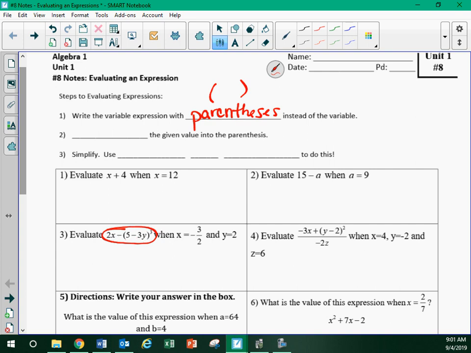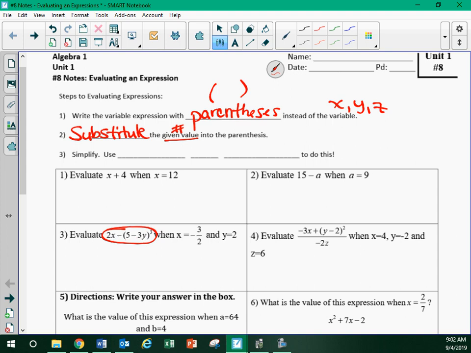So wherever there's the letter, our variable, that's like our X, Y, or Z. Sometimes they go crazy and put in a W, or P or Q. Wherever you see the letter, you want to put the parentheses instead. Then we're going to substitute the given value into the parentheses. When it says the given value, we're talking about the number, whatever number they told us.